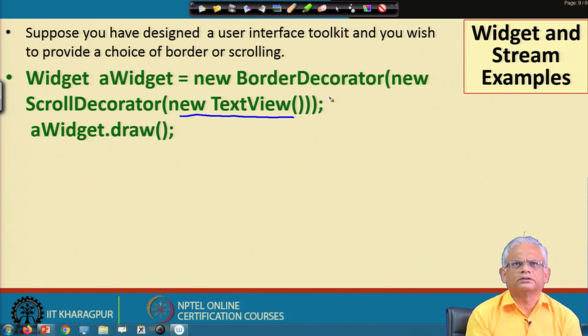So, we have done it. We have created the text view and given that as argument to the scroll decorator, and then the entire thing is an argument to the border decorator.